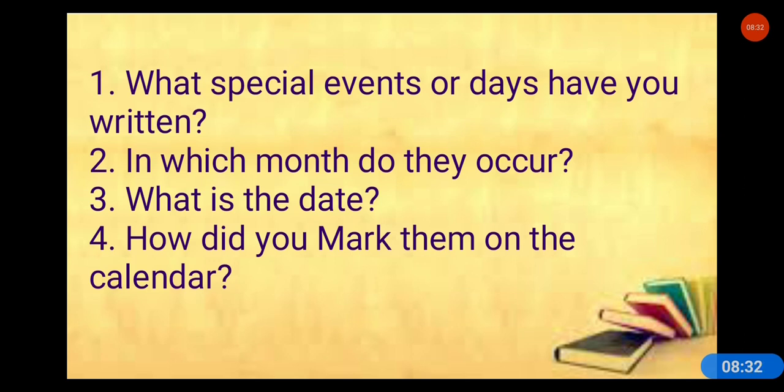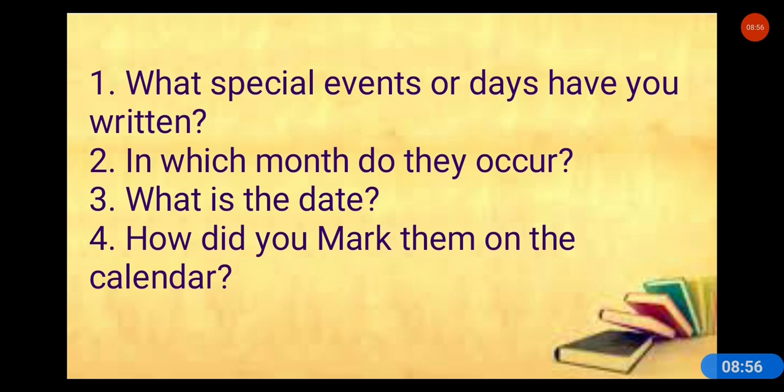Okay. Then next, in which month do they occur? Means in which month it comes. What is the date? On which date does it come? In that particular month, on which date do you celebrate or does it come? If you have found the date, then tell me, how did you mark them on the calendar?